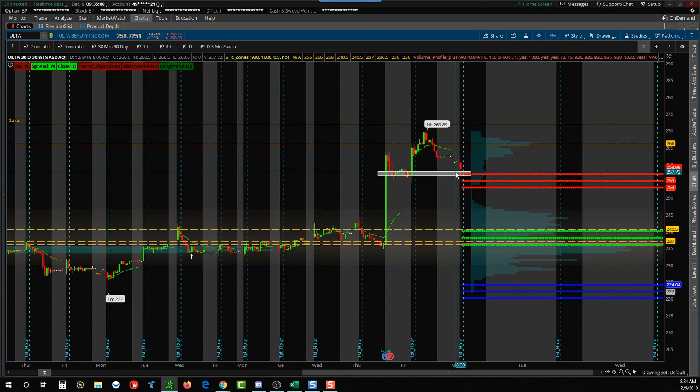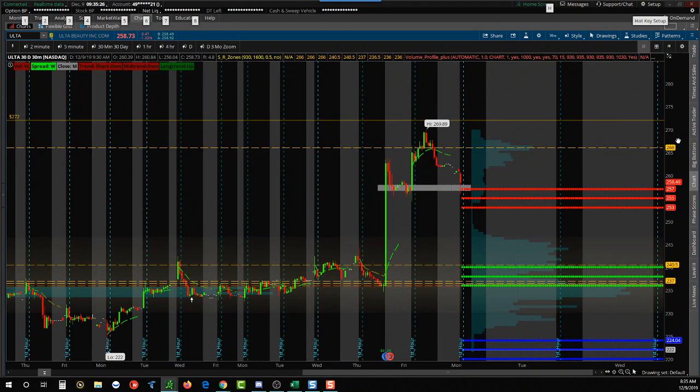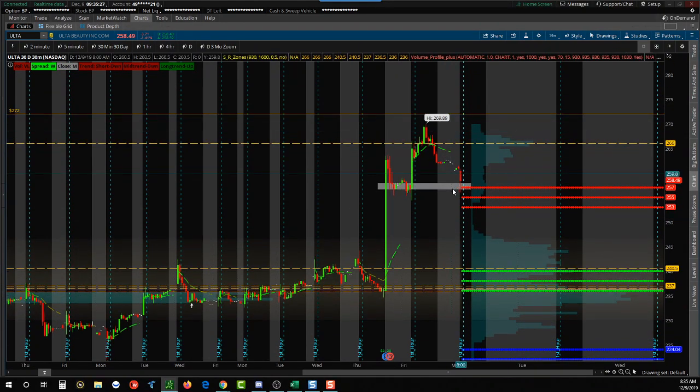We're looking for a continuation in this. Not necessarily looking for this to break and fall back down. At the moment, that's the thesis. The alternative thesis would be that it fails to maintain this support, breaks through this level, and tries to come back down here, close the gap.